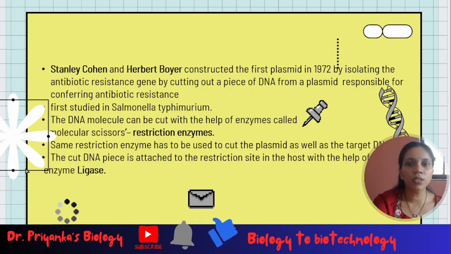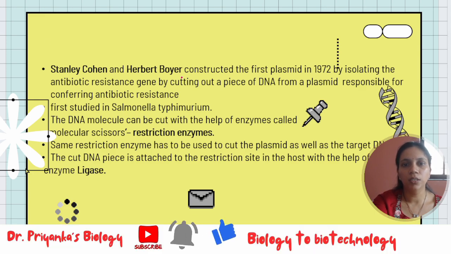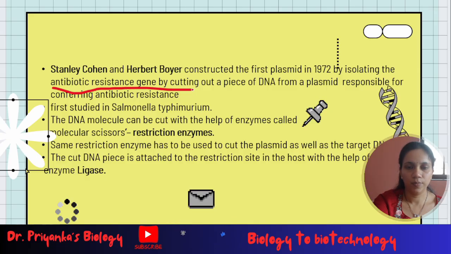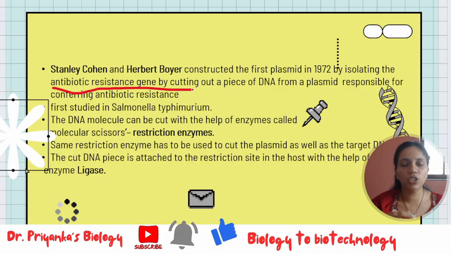Plasmids were first constructed by Stanley Cohen and Herbert Boyer. These two people constructed the first plasmid in the year 1972. What they did was they isolated the antibiotic resistance gene, a gene which is responsible for causing resistance to antibiotics.